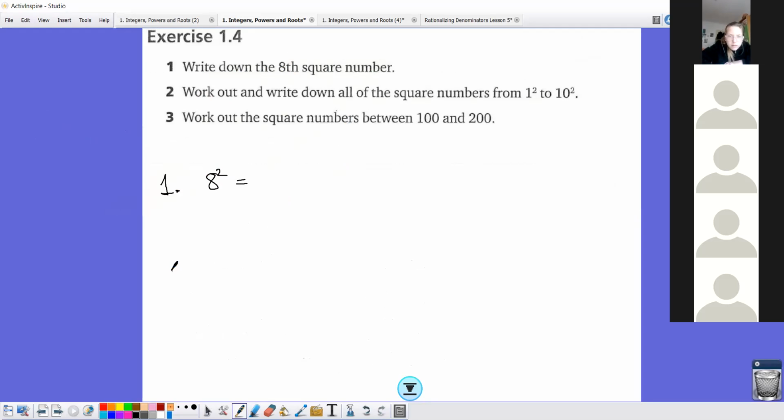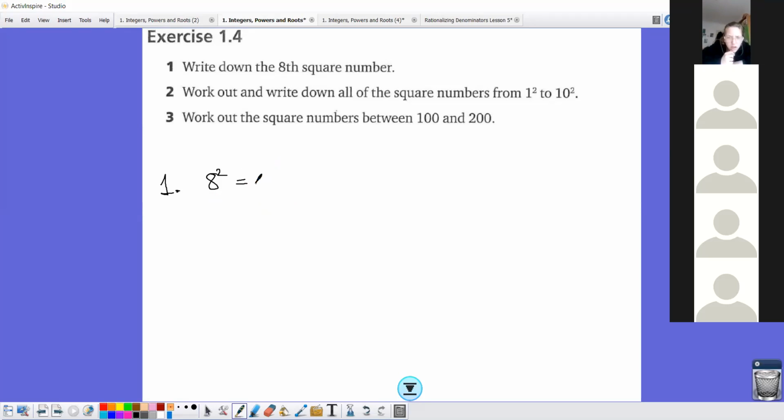Aisha, you have written, I think. Have you written 8 squared? What will be 8 squared? Yes, Genti.